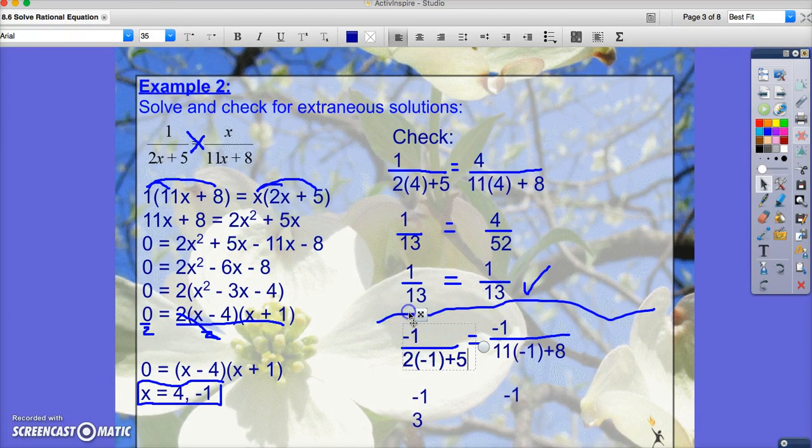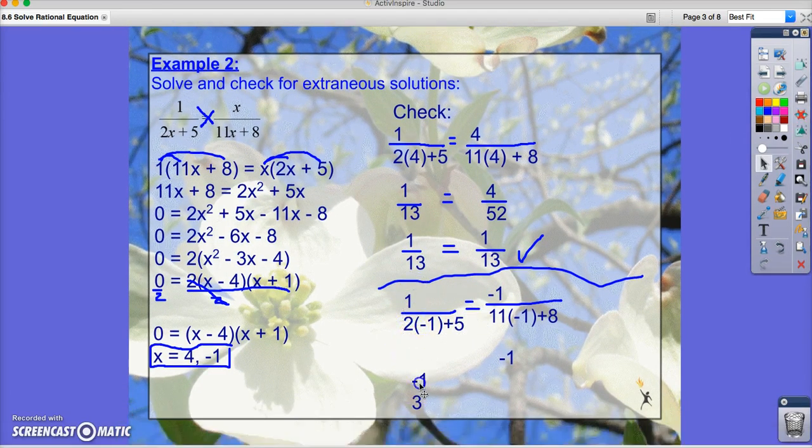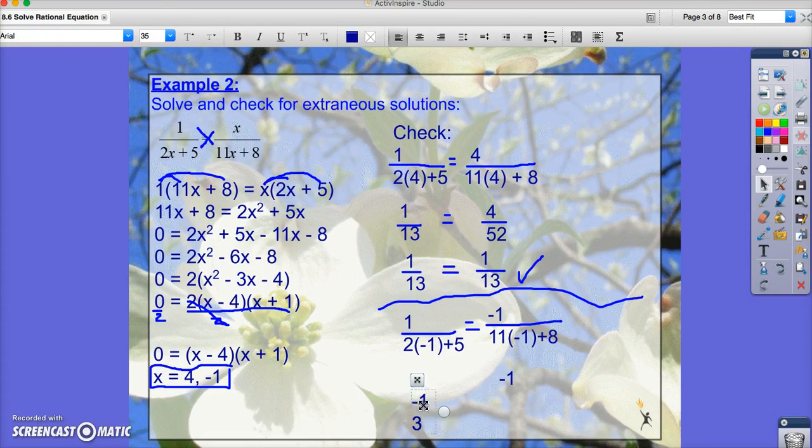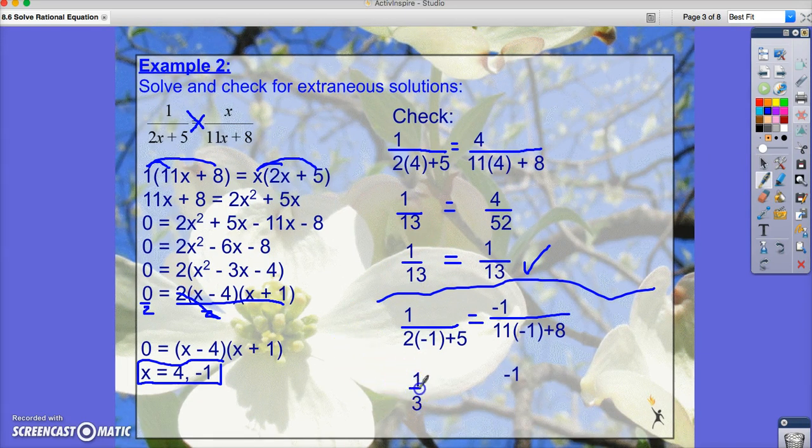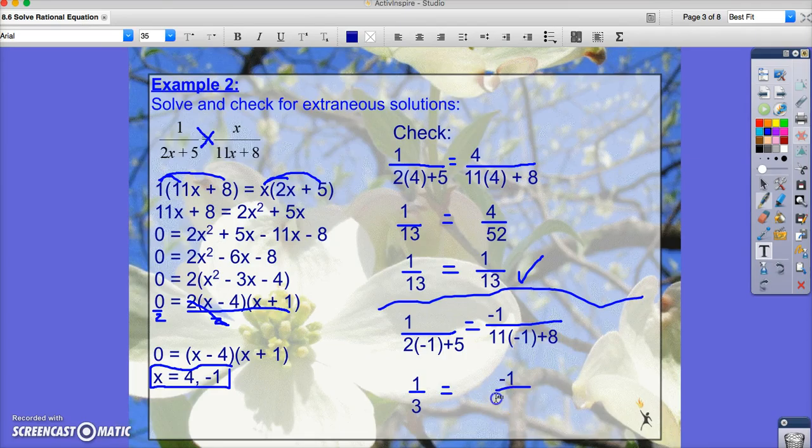This was just a 1. I copied it wrong. So get 1/3 equal. It's negative 1 over, I get negative 11 plus 8. Negative 11 plus 8, I'm just going to change it right to negative 3.